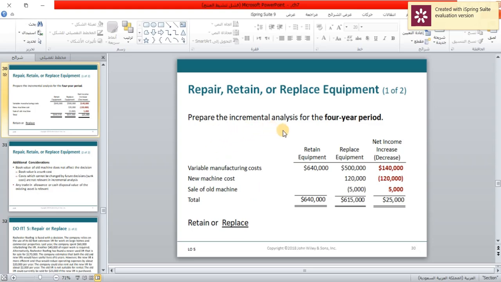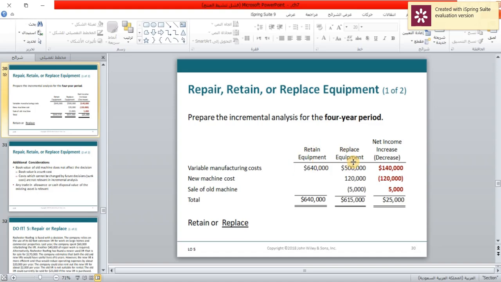Prepare the incremental analysis for the 4-year period to make the decision to retain or replace the equipment. Variable manufacturing cost in the retain equipment option, the current situation, for 4 years.